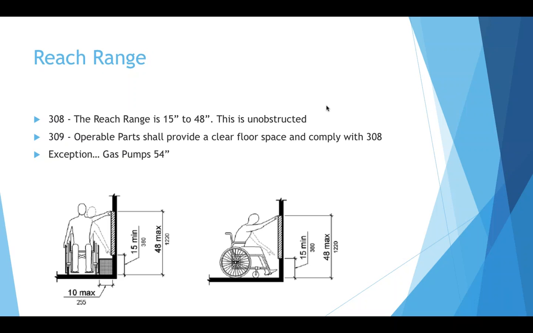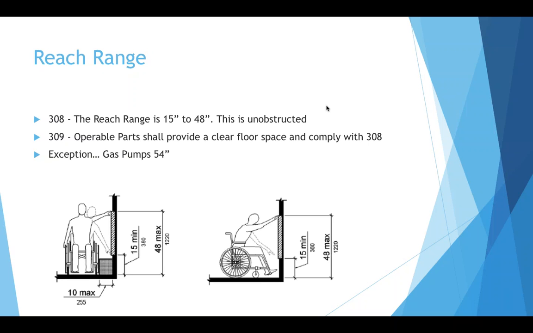And in 309, this basically refers back to operable parts. A good example is if you have any kind of coin-operated dispenser or soap, it has to comply with 308. And of course, as with everything else in the ADA, there's always an exception. In this case, it's gas pumps. It goes back to the old 54-inch.